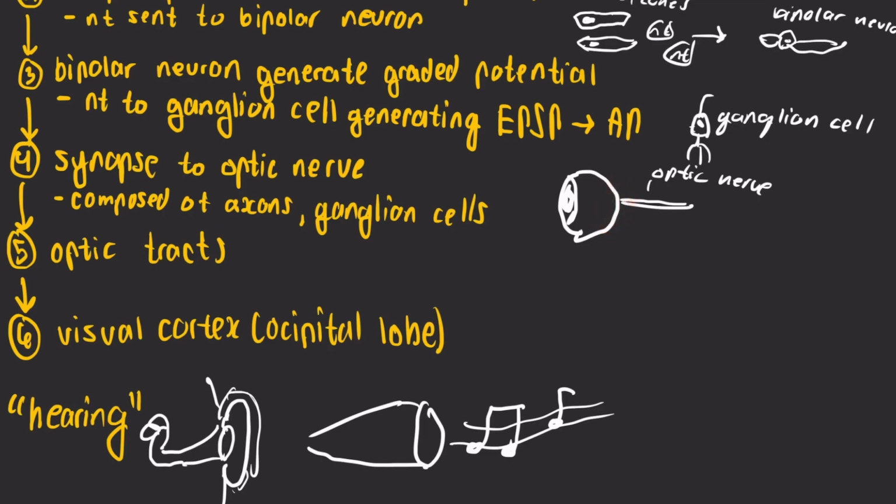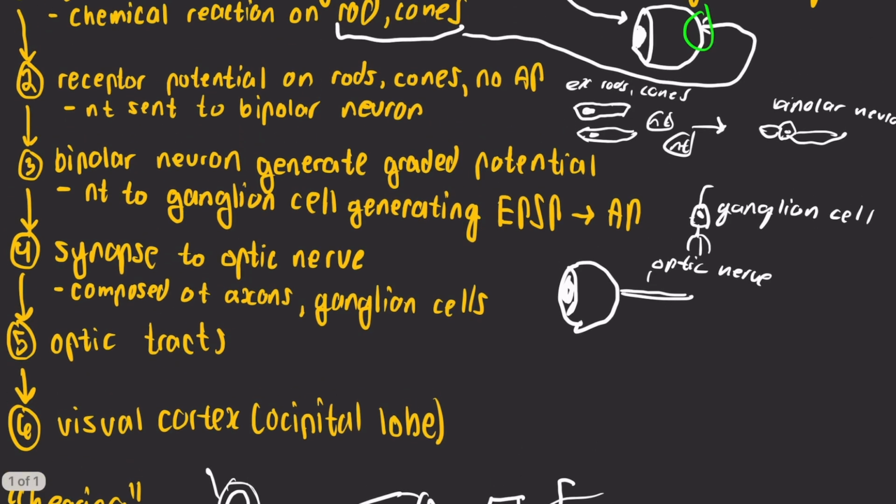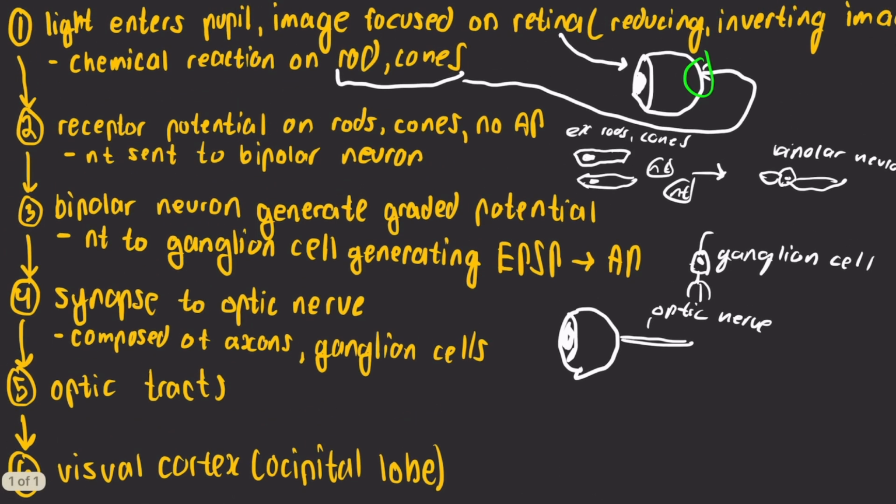Now that we have an action potential thanks to the ganglion cell, we are synapsing onto the optic nerve, composed of axons of ganglion cells, so many more of these. We will then send those signals to our optic tracts, and then eventually to the visual cortex of the brain. This would be our occipital lobe.